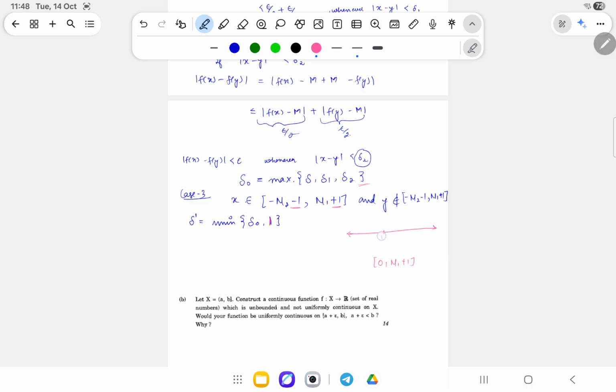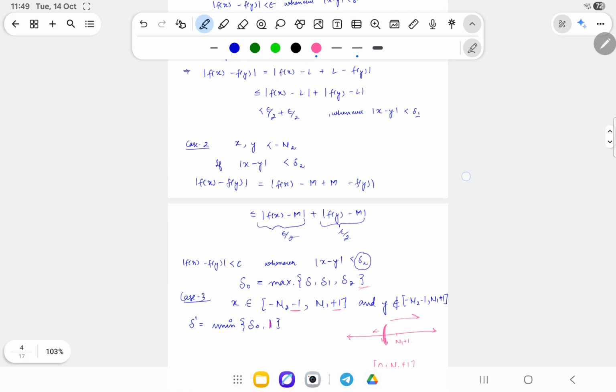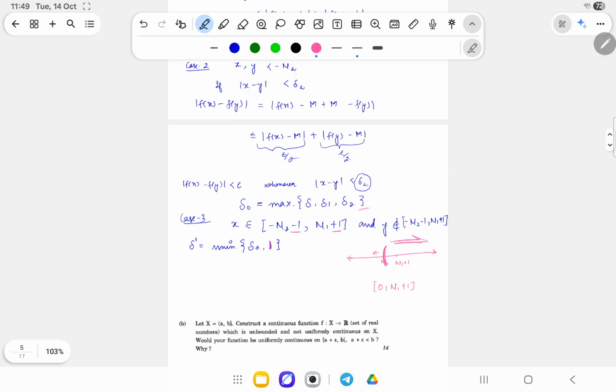If this is my n1 and this is my n1 plus 1, this delta dash will ensure that either both the points are outside the interval, where the definition proves that it is continuous, and this delta 1 shows that it is continuous for all x, y greater than n1, that is in this portion. And we have already shown that it is continuous in this. If this is my 0, we have already shown that it is uniformly continuous in this interval, that is on the left hand side of this.